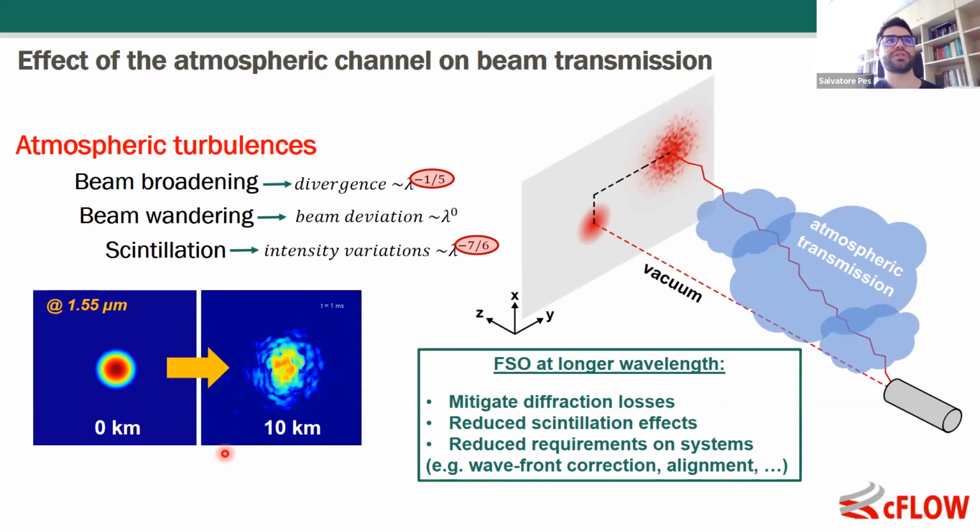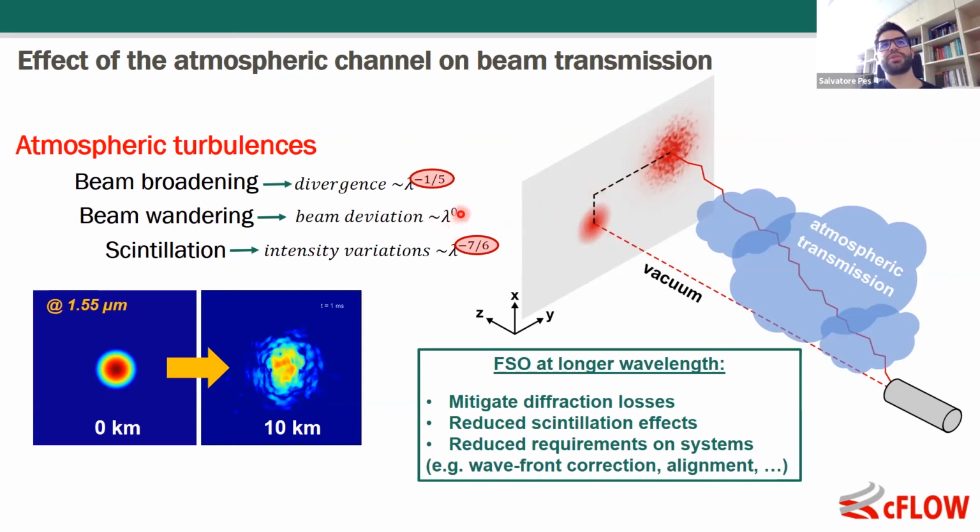Then the other atmospheric effects are related to turbulence, so the change in refractive index of the atmosphere. In the image we see the beam broadening, which scales with the wavelength, and the beam wandering, which is the deviation of the centroid of the beam.